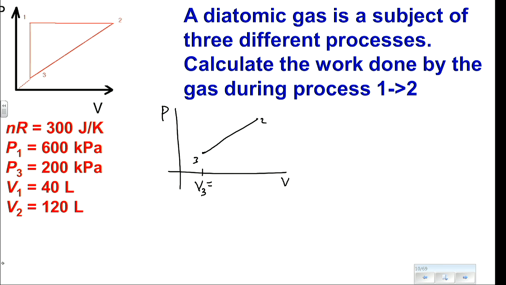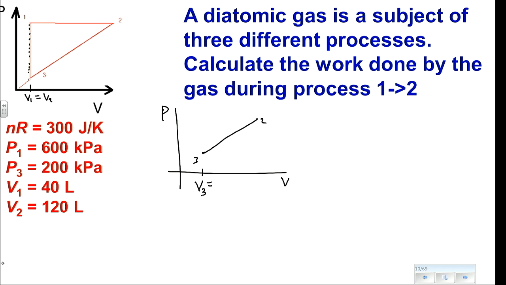We need this number, so we have to say something about it. What do you think? Exactly. So this process is happening at constant volume. That's what we should call V1.